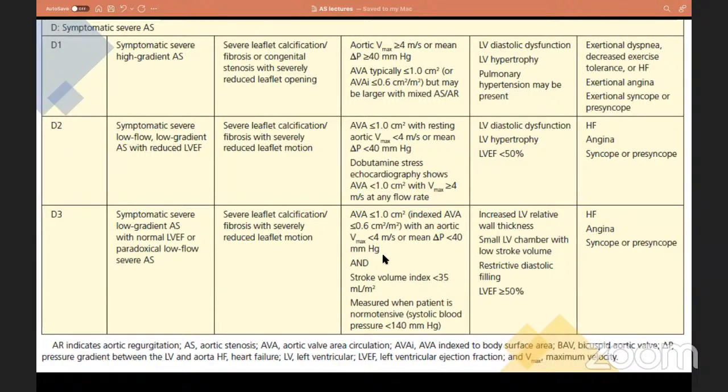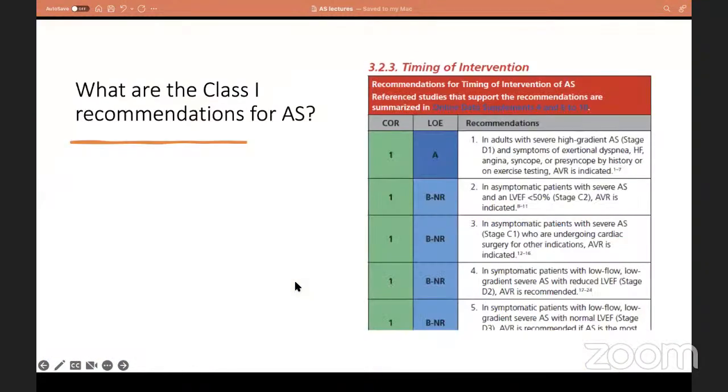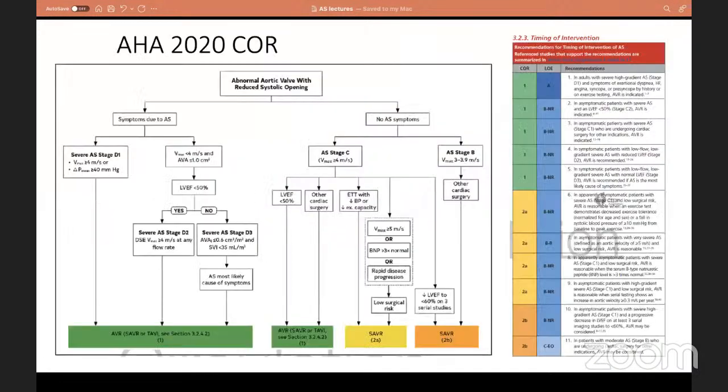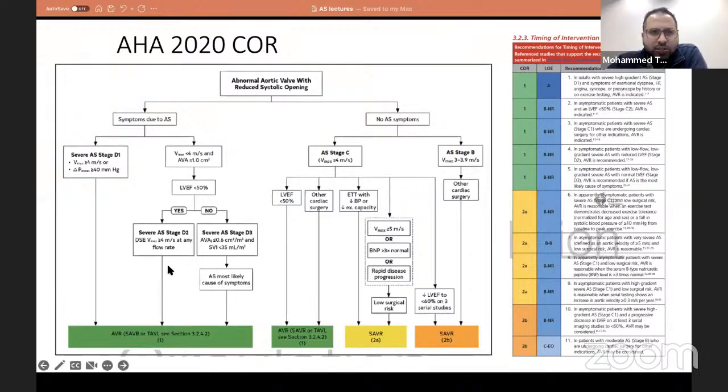It was regarding the low flow, low gradient, and the low flow state, the D2, D3 stages of aortic stenosis. Exactly. You just have to confirm that the reason for their symptoms is the severe AS. Once you are sure, you can take them for surgery, I think. 100%. Excellent. Because those 2 points have been added or changed in the most recent guidelines, D1 and D2 and D3.